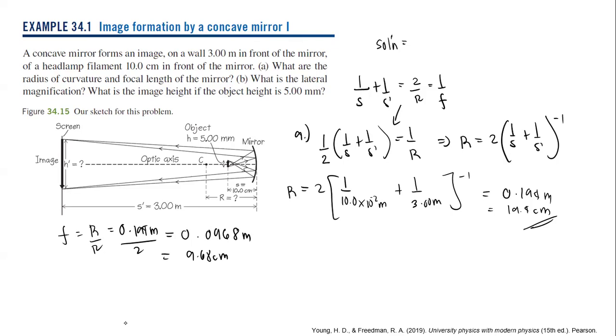So what is the lateral magnification? M is equal to negative the ratio of s' over s. Since s here is positive and s' is positive, over 10.0.